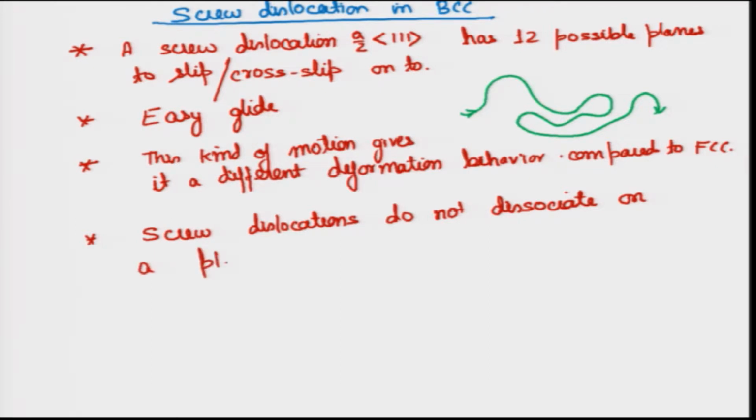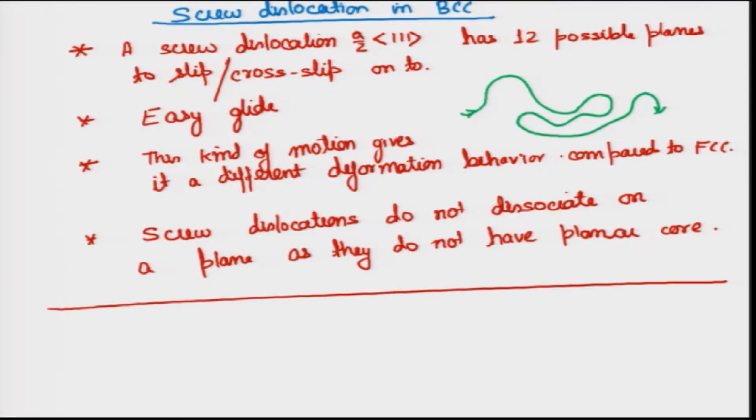The reason screw dislocations do not dissociate is that they do not have a planar core. So the core is not spread or laid out on a particular plane, and because of that this dislocation cannot dissociate onto a plane.